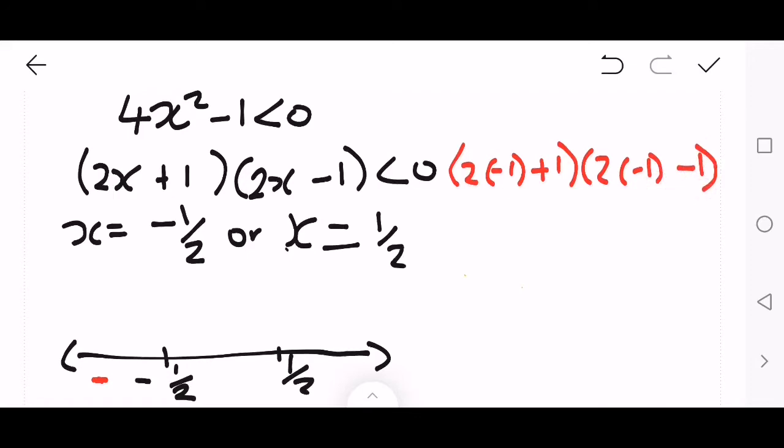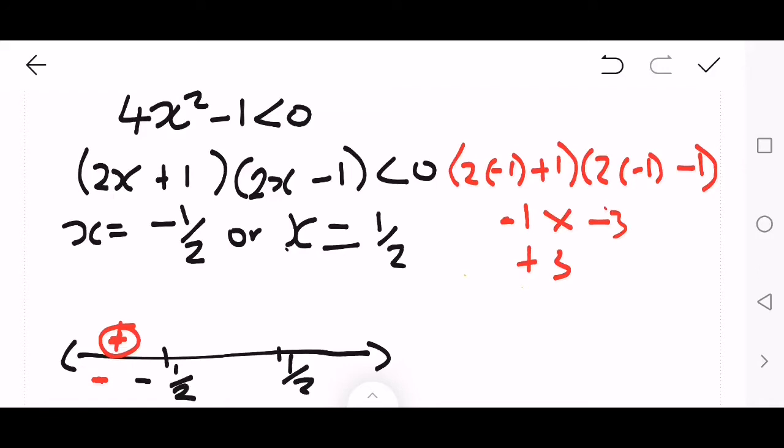So 2 times minus 1, that's minus 2 plus 1. So that's minus 1 times 2 times minus 1, that's minus 2. Minus 2 minus 1, that's minus 3. Minus 1 times minus 3, so that's positive 3. So we have a positive over here.